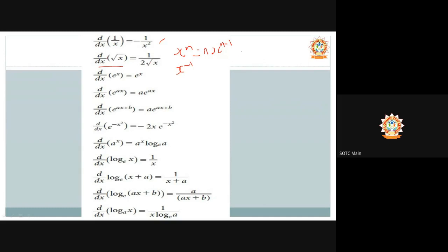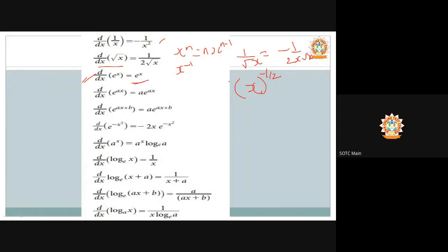What will the differentiation of 1 by root x be? You can also apply this with x power minus 1 by 2, it becomes minus 1 by 2 x to the power of 3 by 2, that is minus 1 by 2x root x, right?